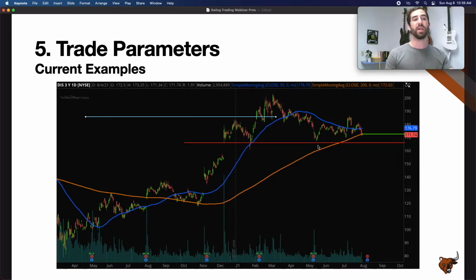So that would be a potential stop loss, where I'm saying, if it breaks down from that level, I want nothing to do with it. The way we do stop losses for this particular system is that if the price closes the day under this level, then our stop loss has been triggered.